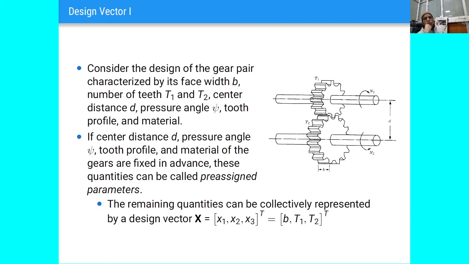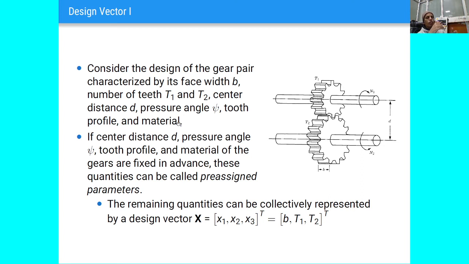So we have a number of variables in this gear meshing arrangement: the number of teeth T1 and T2 on each gear, and also the face width B. The pressure angle is psi, and we have tooth profile and material.